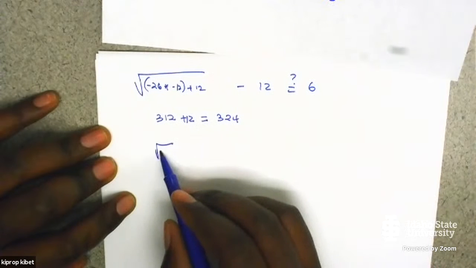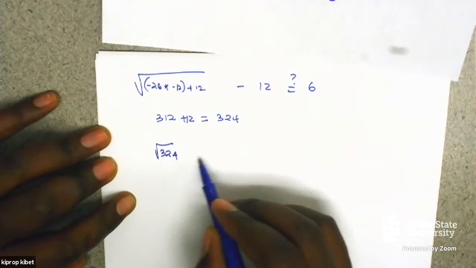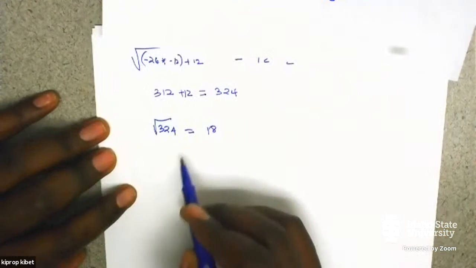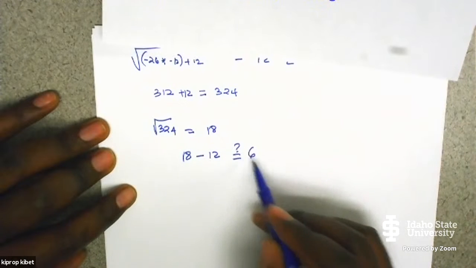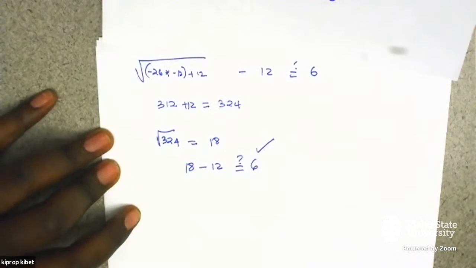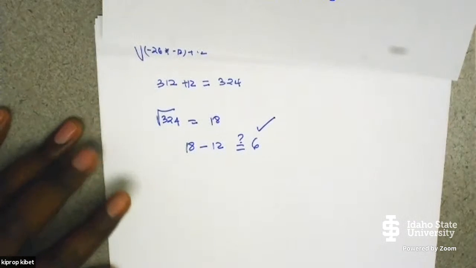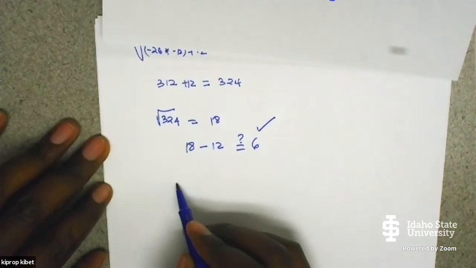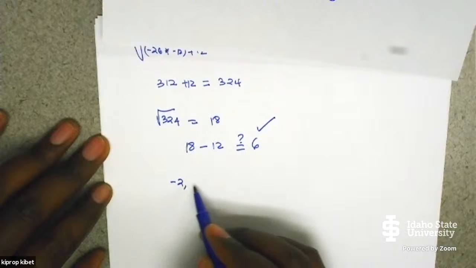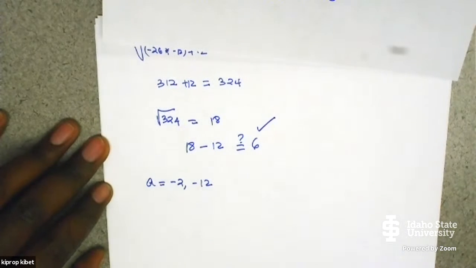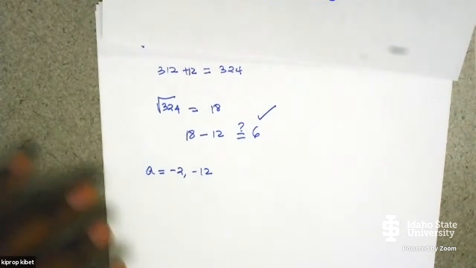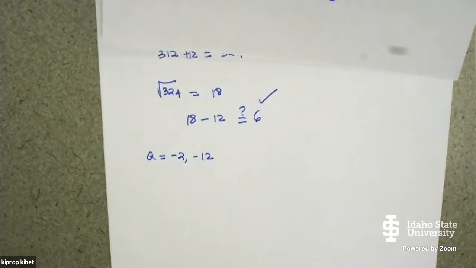The square root of 324 equals 18. 18 minus 12, does it equal 6? Yes, it equals 6. So that means that both of them, minus 2 and minus 12, satisfy the above equation.